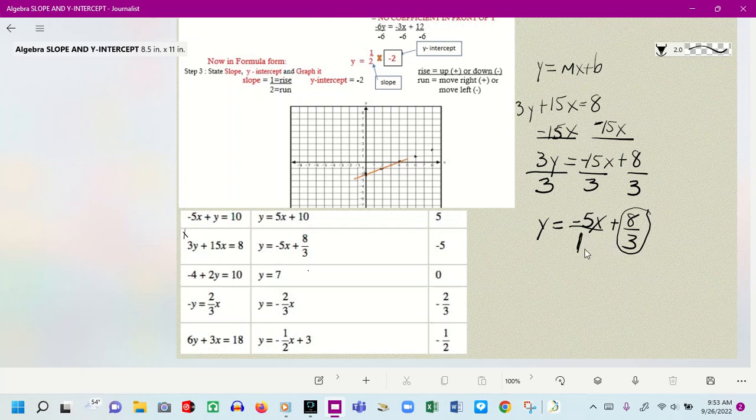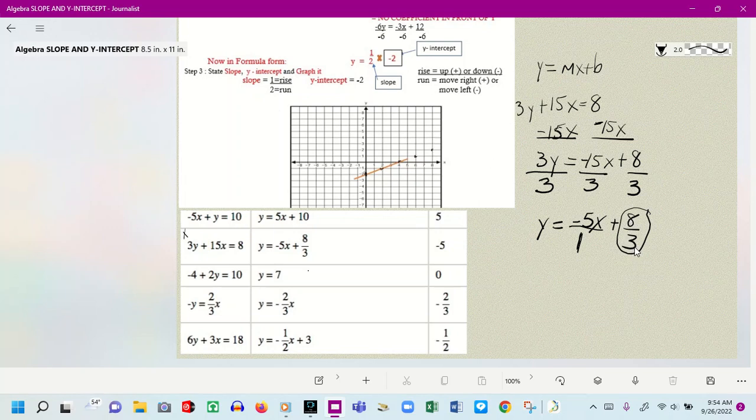So you put your 1 over there, the 1 becomes your run. But we notice our rise is negative, so it's not a rise, it's now a roll, and it's rolling down 5 steps. But it's running to the right because the denominator is positive, so it's running to the right 1 step. Okay, so let's plot this line here.